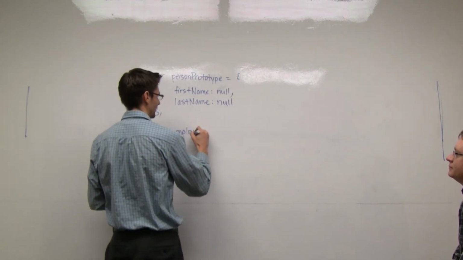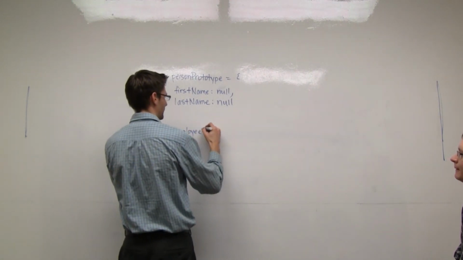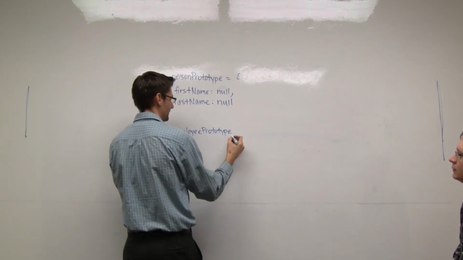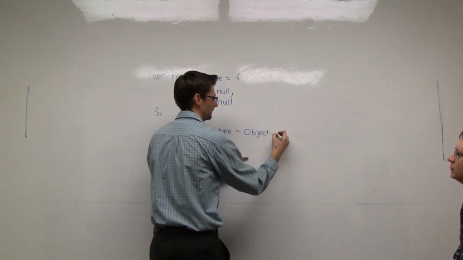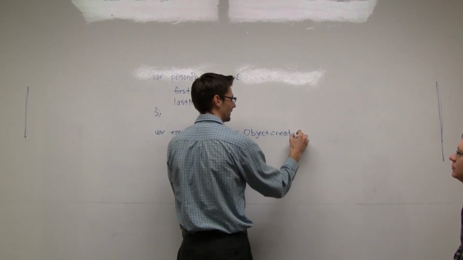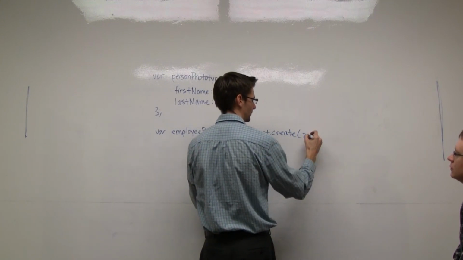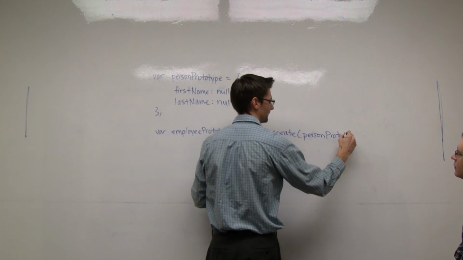So we're going to create a cookie cutter, so to speak, of what the employee prototype is. But we do know that some of this is already made for us. An employee is a person. So we just say simply Object.create. We pass it in the person prototype. I should have named that something shorter, but tough luck, Jared.